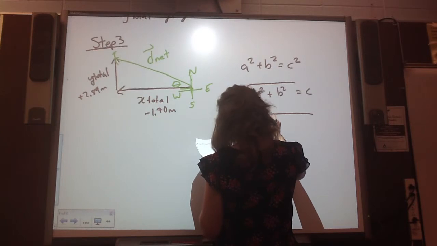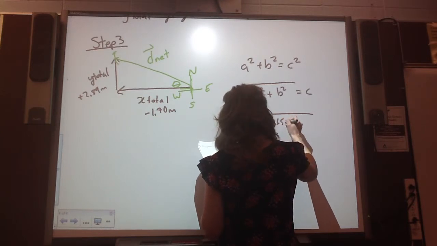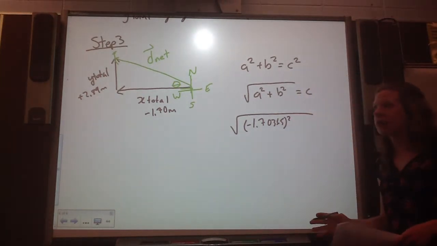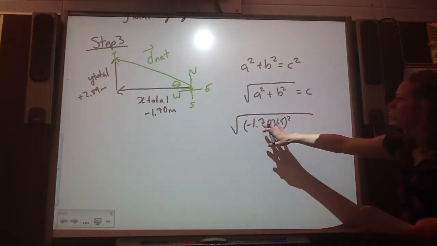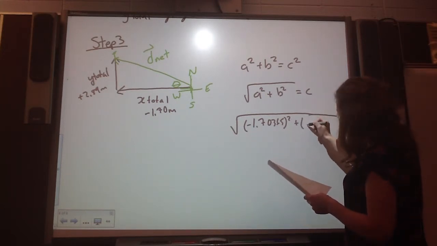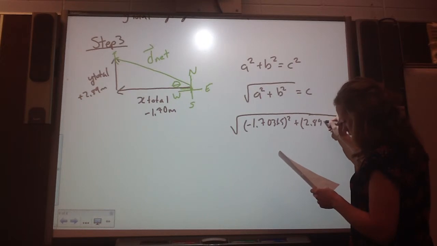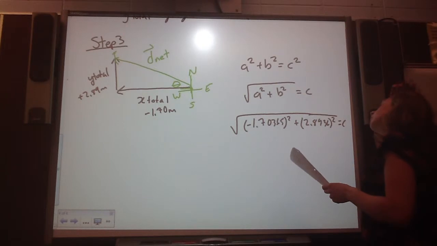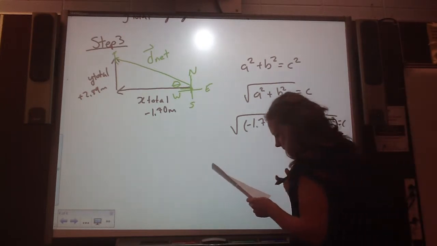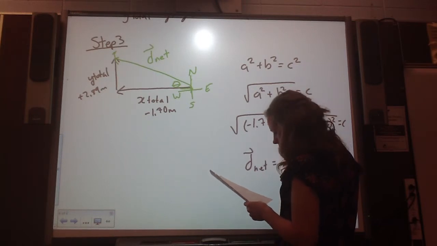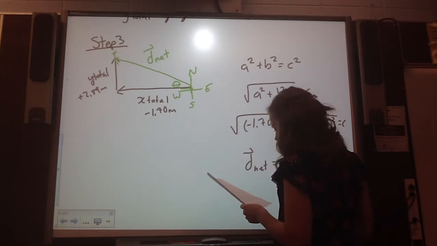So negative 1.70365, etc. And include all of your digits because we haven't got to a final answer yet. So don't just skip all of these digits. Plus 2.8936, etc. squared equals c. Alright, so our displacement net is equal to 3.3578 meters.